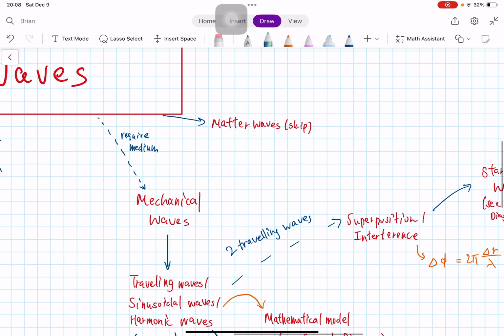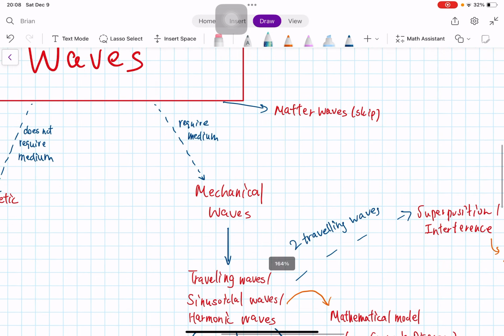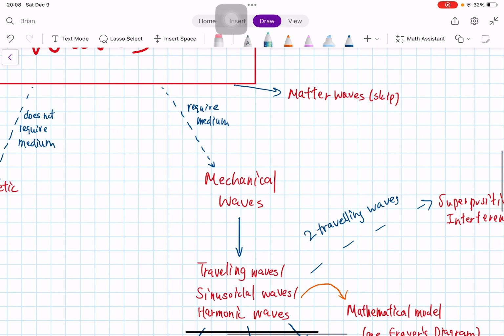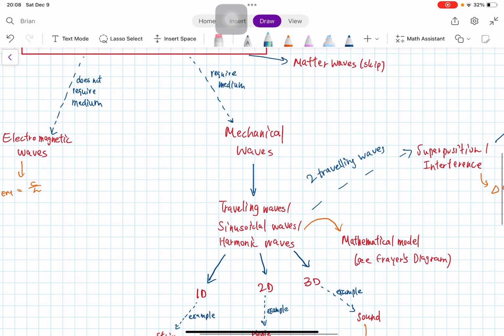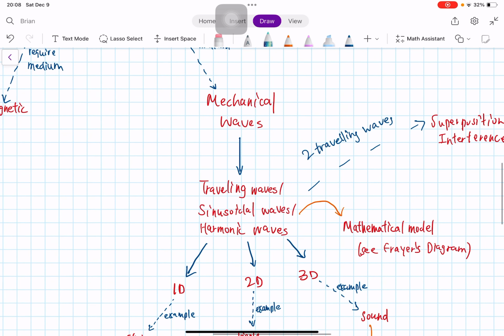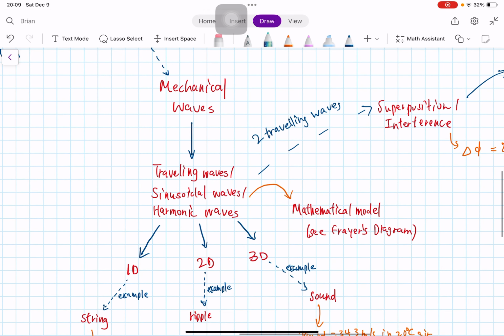And there are matter waves, which we talk about in the next unit on quantum mechanics. The key waves we're focusing on are mechanical waves, which require a medium. For mechanical waves, we could look at traveling waves, or sinusoidal waves, also called harmonic waves. There's a mathematical model for it, and I included the phase diagram for it.